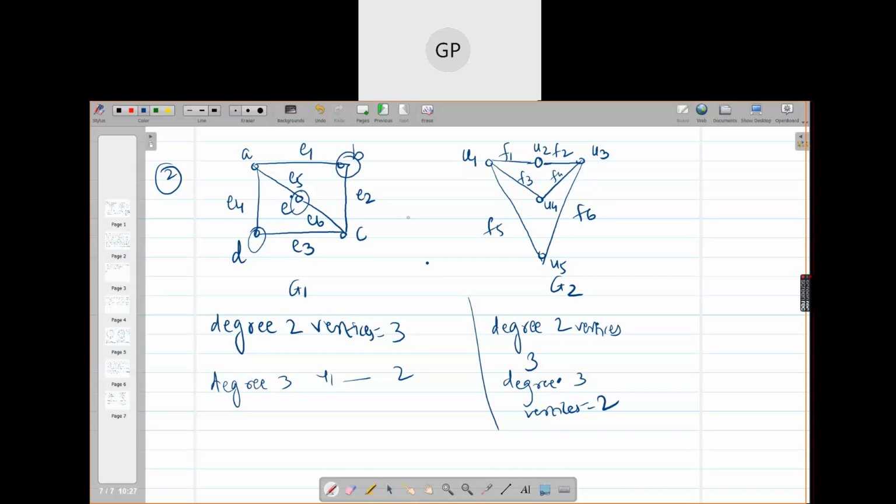Do you understand it? Yes, ma'am. And therefore the graphs are isomorphic. This is example of isomorphic graphs. Okay? So please put in your words. This is for 4 marks. This type of question can be asked for 4 marks. Isomorphic graphs. You have to check whether they are isomorphic or not.